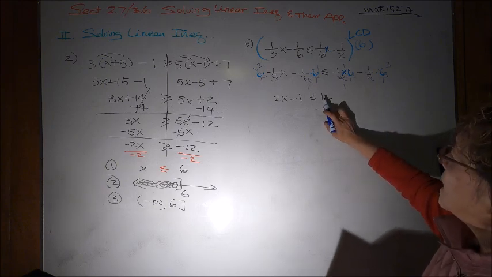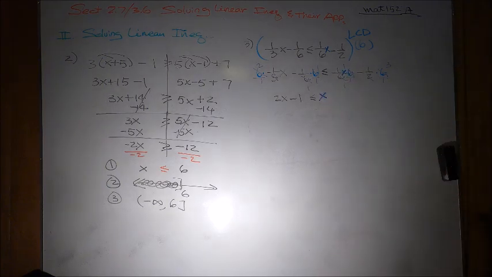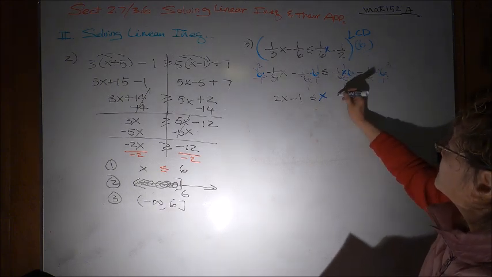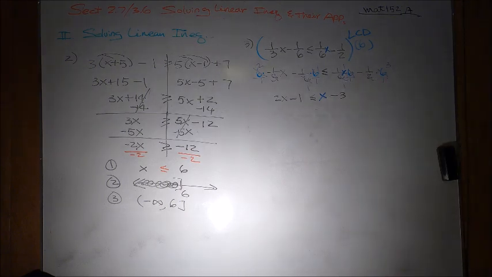So this one will be 1x, so it's the same thing as x. Are you with me so far? So that would be what? X minus 3. Get the idea?